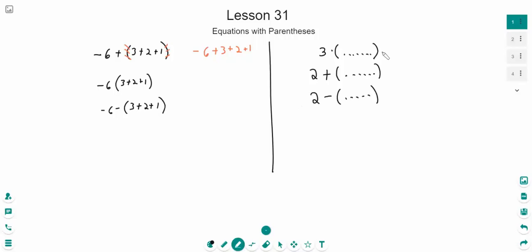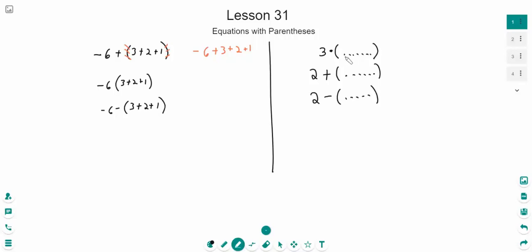Okay, so the first scenario, 3 times a set of parentheses. Well, I cannot just drop this set of parentheses. When there's multiplication on the outside, this is a rule that you just need to remember. You can never just drop the parentheses without doing anything.